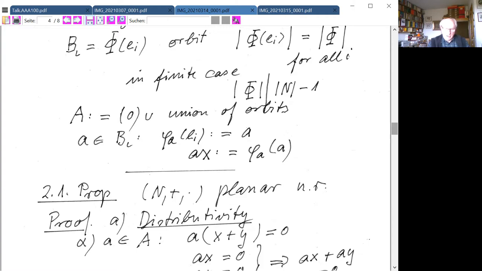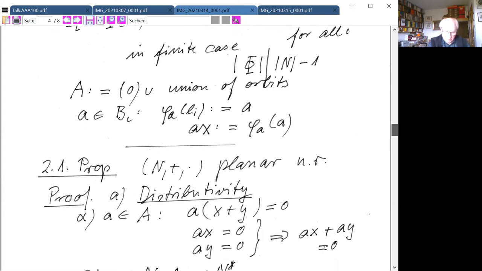Now, we assume a given Ferrero pair, and we define a multiplication on N plus in such a way that if phi_a is this element in capital Phi which maps the representative to a, then a x, multiplication of x from the left by a, will be phi_a of x.